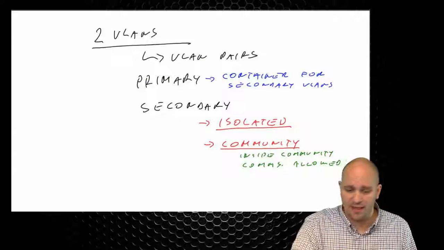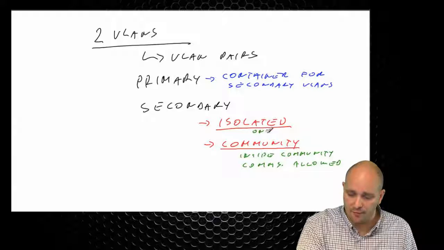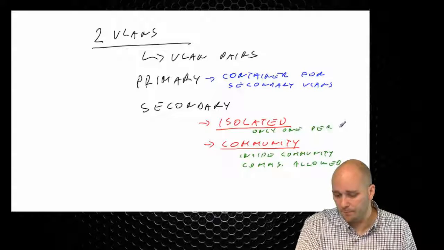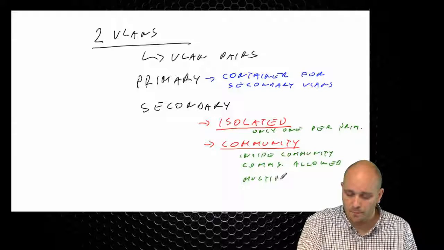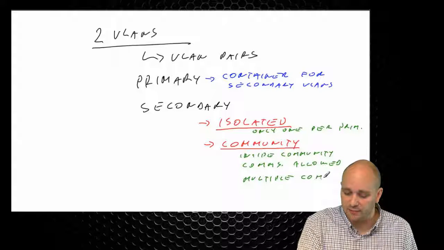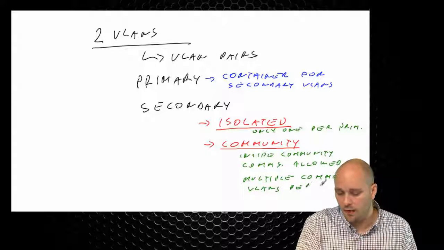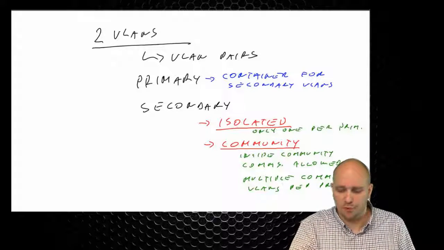So let's go back here and say that we can have only one isolated VLAN per primary VLAN. Now, we can have multiple community VLANs per primary VLAN.